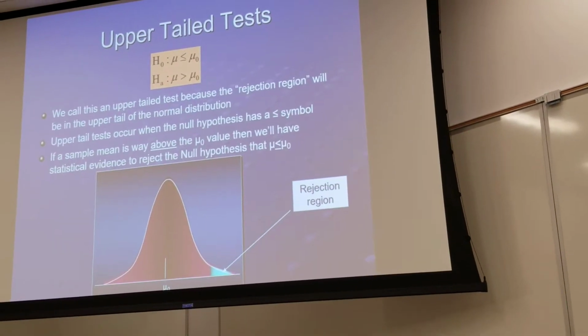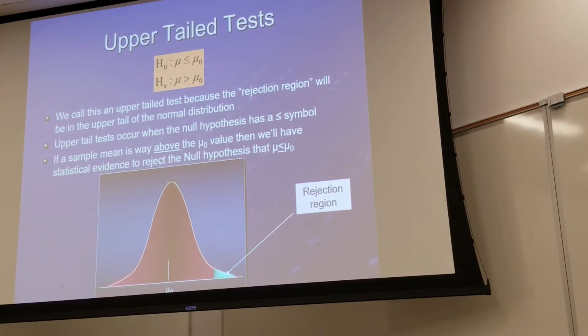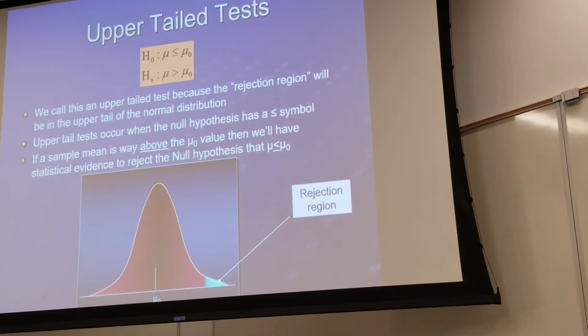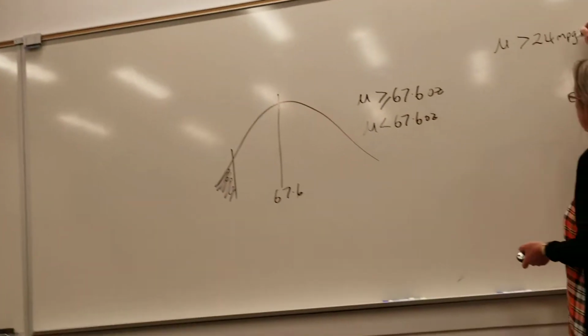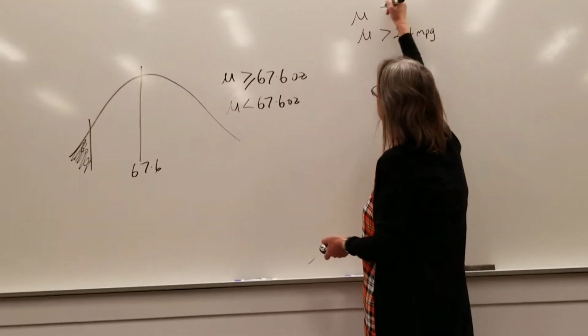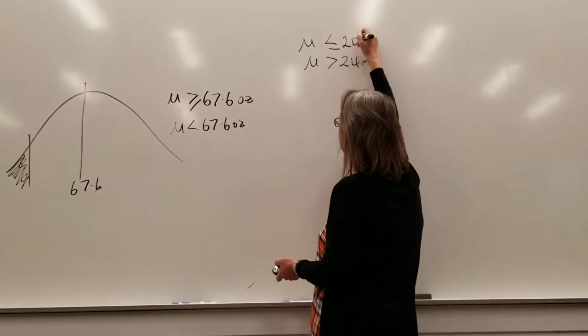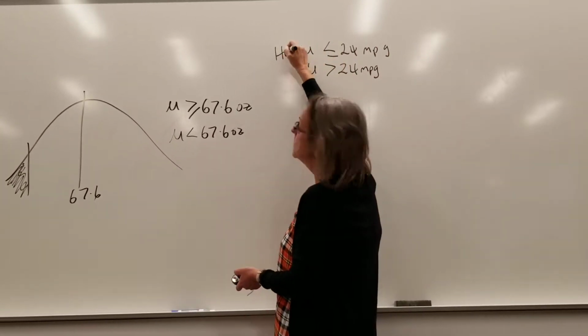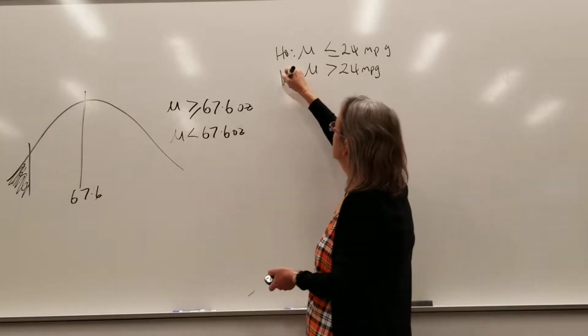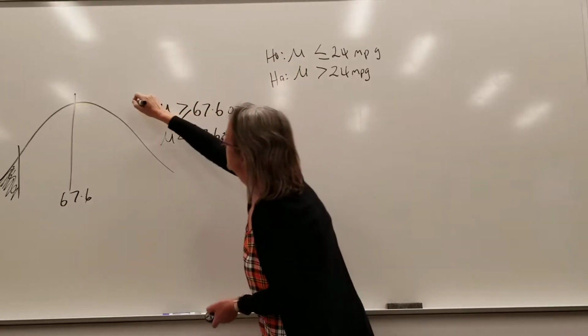An upper tail, so this was like the question where we were trying to see if mu was greater than 24 miles per gallon. And the opposite of that is mu is less than or equal to 24 miles per gallon. The equal sign has to be the null hypothesis, and the other one's the alternative.